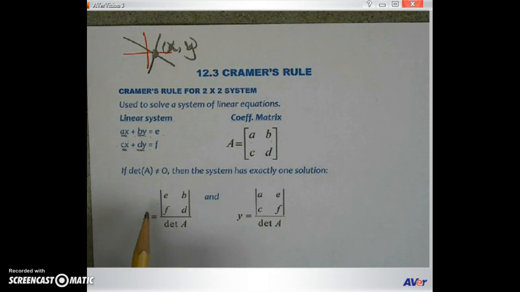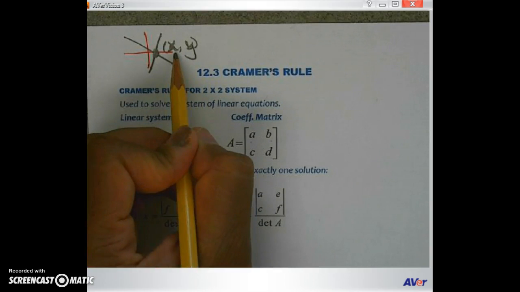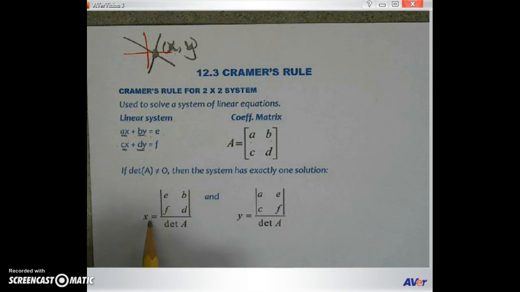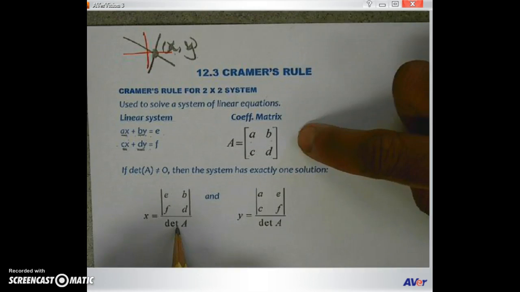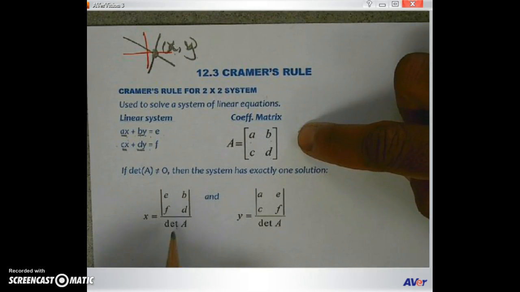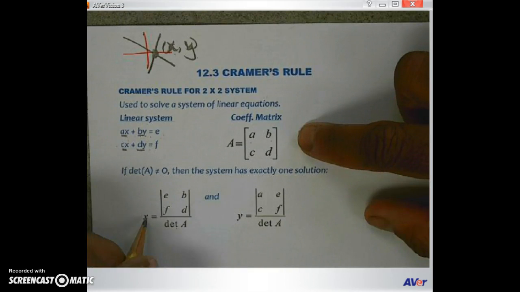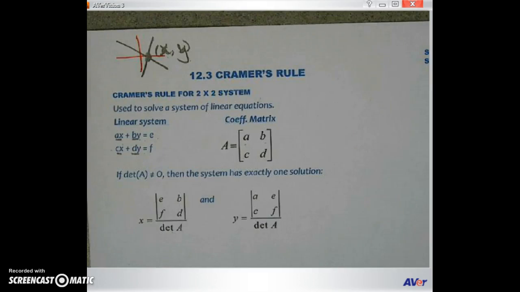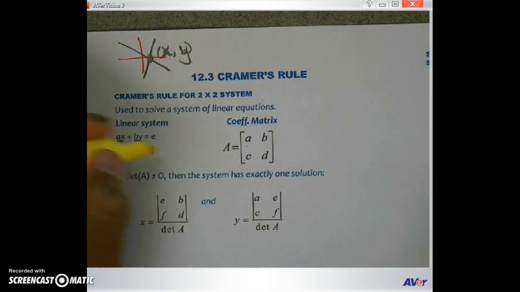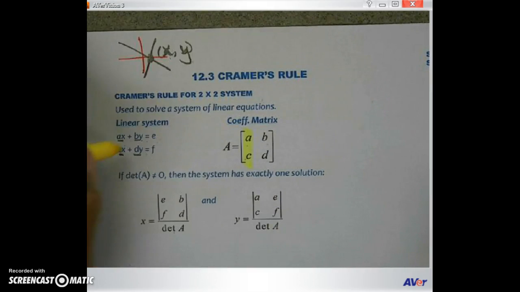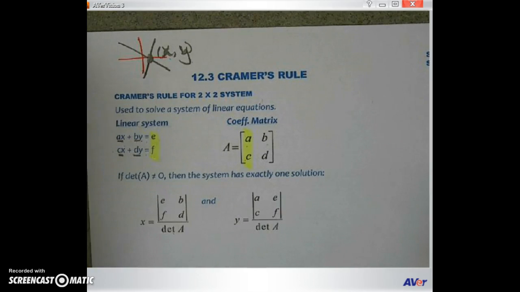The other thing I want you to know is, in order to solve for these variables, we're not going to graph, we're not going to use substitution or elimination. We can find the value of x by finding the determinant of the coefficient matrix and also the determinant of this matrix. Now, how do we get that? Well, when I'm looking for x, I'm going to substitute the solution column for the coefficients of x.